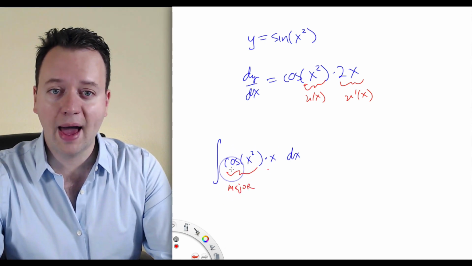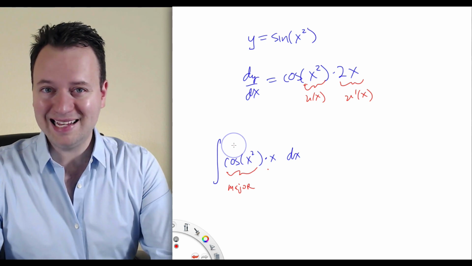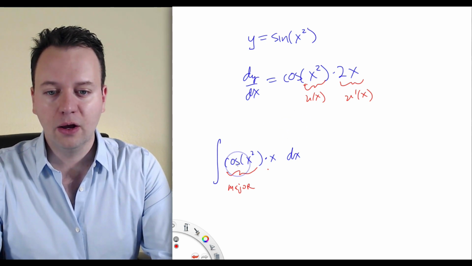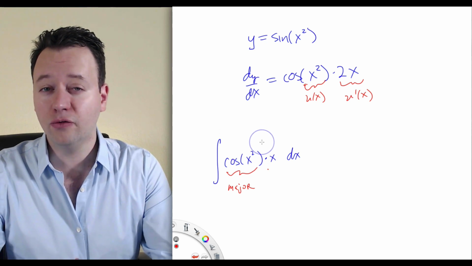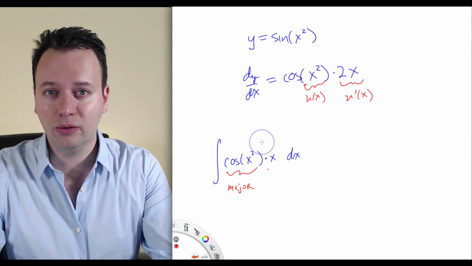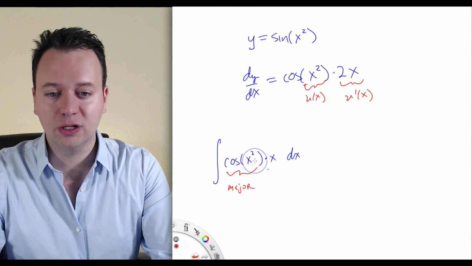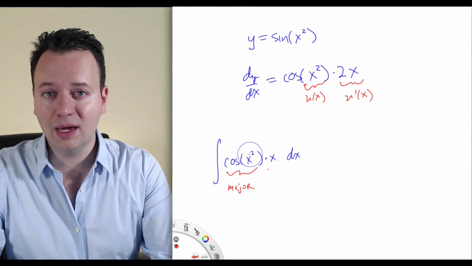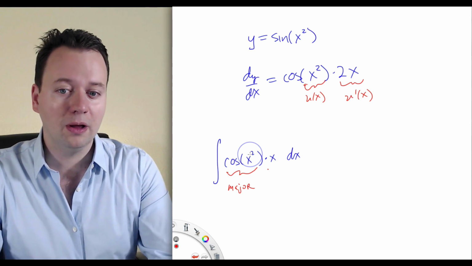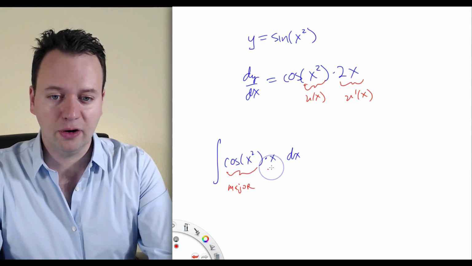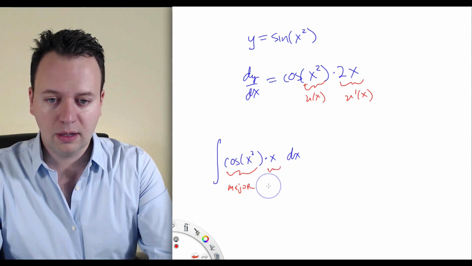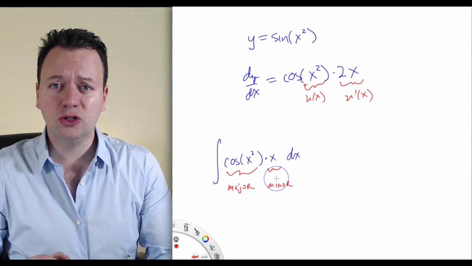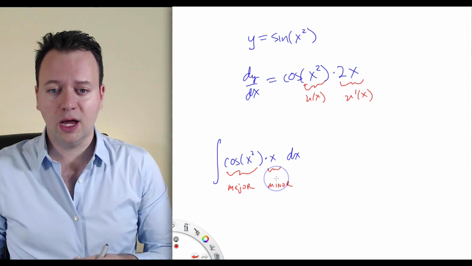This is where you have something that looks like you would need to use the chain rule if you were to differentiate it. So it's cosine of x squared. If you differentiate that, you're going to need the chain rule, and the inside function is the x squared. And then the minor part is always going to be, up to a constant multiple, the derivative of the inside function. So the minor part is right here. So major, minor. And the whole idea is that you just reverse the steps of differentiation.